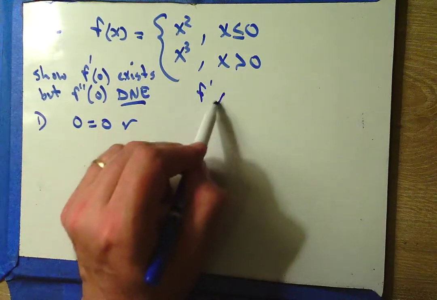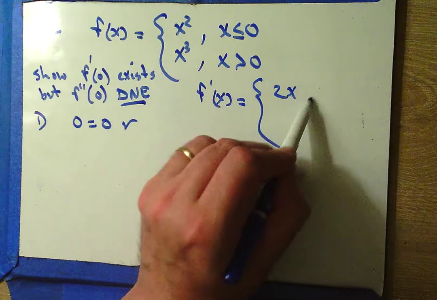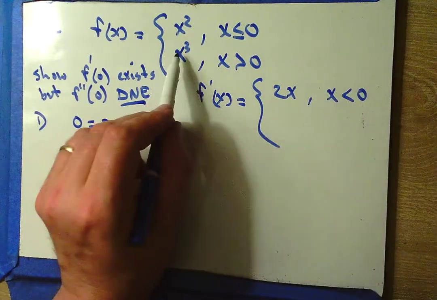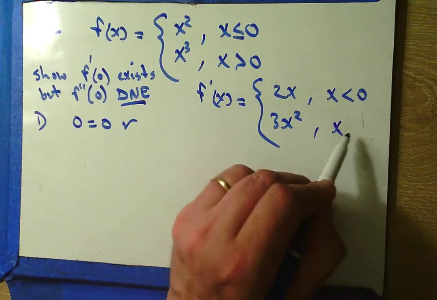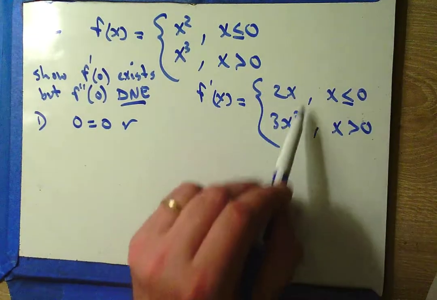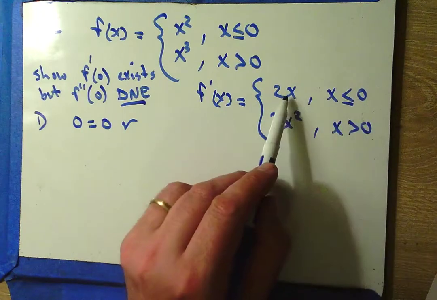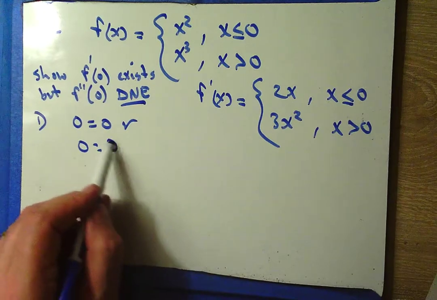So what would f prime of x be? Well, the derivative of x squared is 2x. And the derivative of x to the third is 3x squared. All right, so now what happens when we plug a 0 in? Well, I get 0 equals 3 times 0 squared, 0.